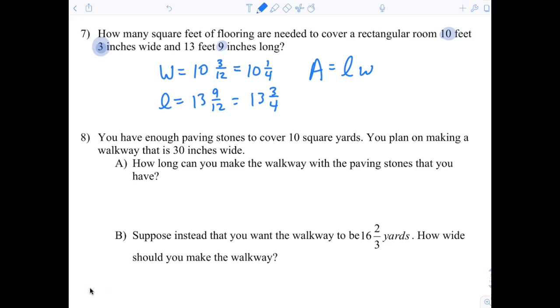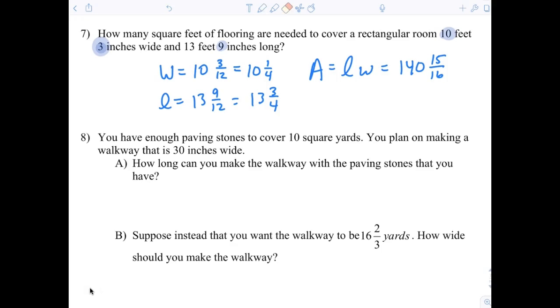Bradley, what did you get again? 100? No, I don't think that's right. You didn't do that on your calculator. You did it in your head, and that's why you made a mistake. What did you get? 140 and 15 over 16. Okay, perfect. Nice.